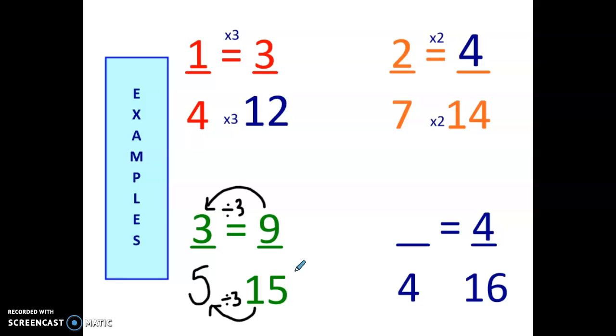Our final example. Again, I must work backwards as I have the second fraction rather than the first. How do I get from 16 back to 4? I'm going smaller, so I must be dividing. Use your times table grid to find 16 divided by what gets me back to the answer 4.